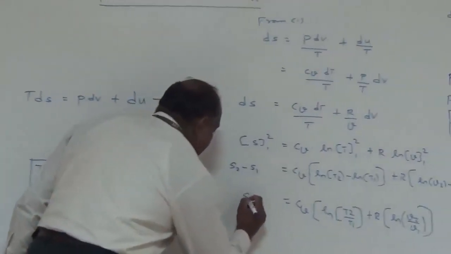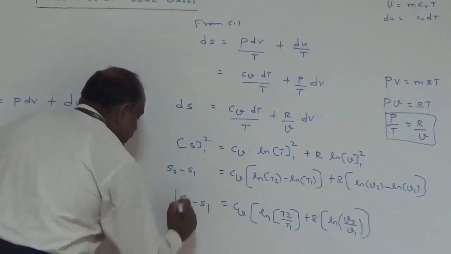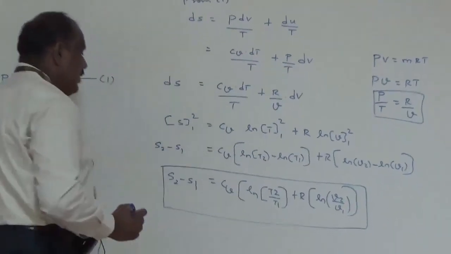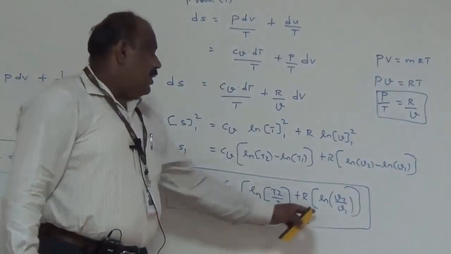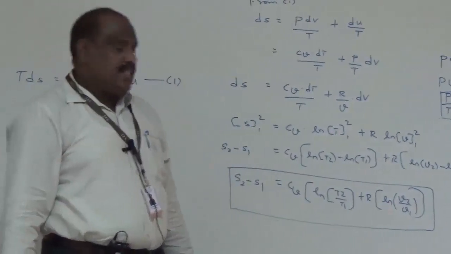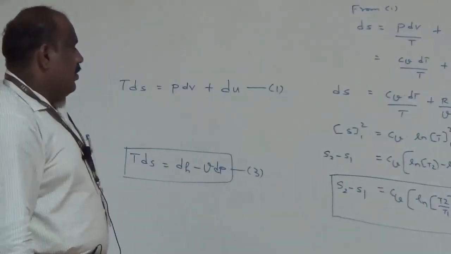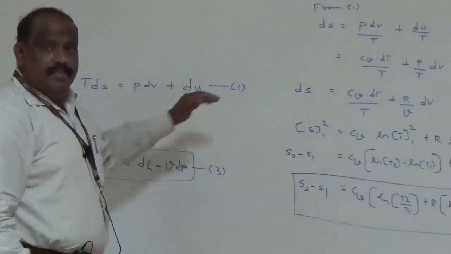We finally end up with the change in entropy S2 minus S1 given by Cv into ln of T2 by T1 plus R into ln of v2 by v1 for unit mass of the gas considered. This is the final formula we derive for the change in entropy from 1.